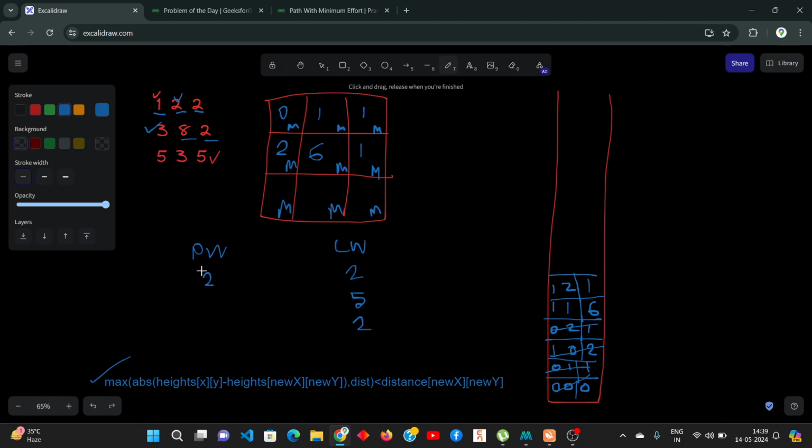Now we have to compare the max values. So what is the max value in both two? That is 2, and 2 is greater than 0, so we will not update this one. And for 2 and 5, the greater value is 5, and for this position, this is already 6. So 6 is greater than 5, so obviously we can update here.